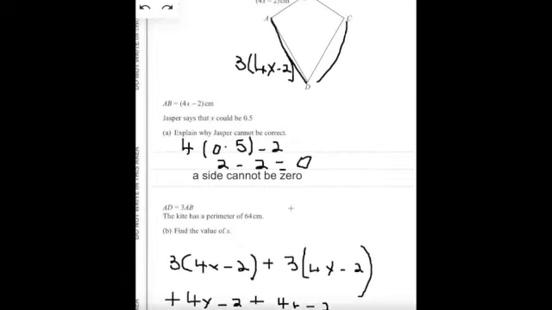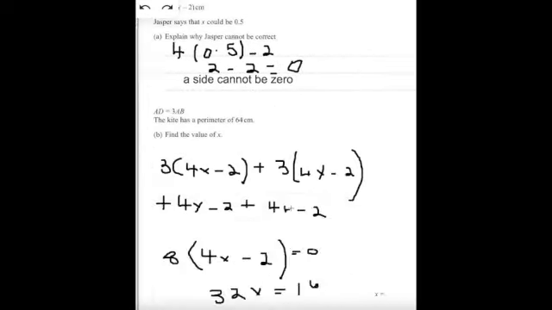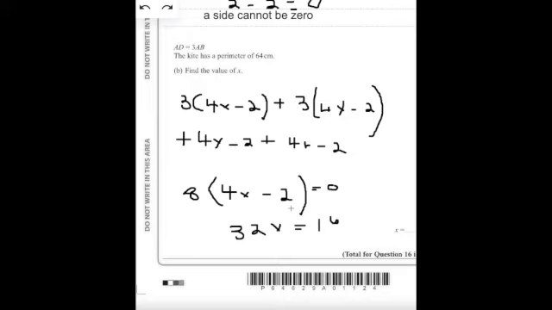But then you see in the question it says the kite has a perimeter of 64. Therefore, you add 64 to the right hand side, so you do 16 plus 64. I'll just leave it on this page for a second for you to see where I got 8 lots of 4x minus 2 from.